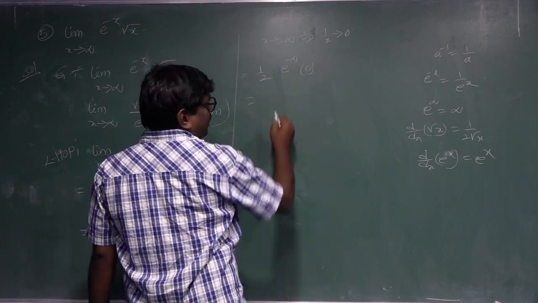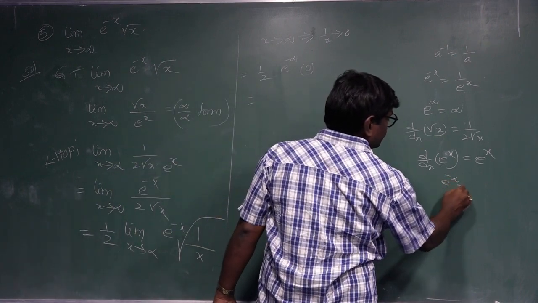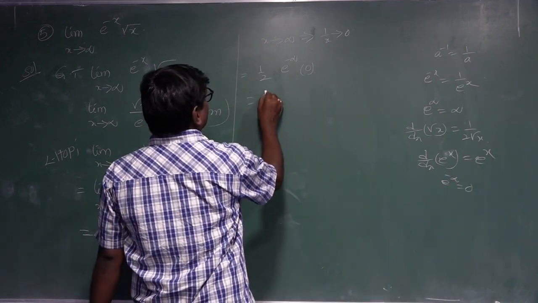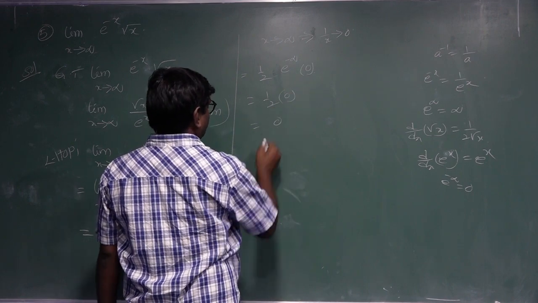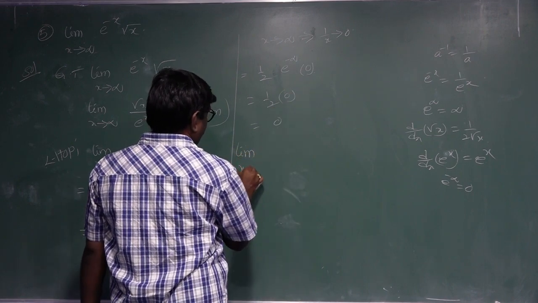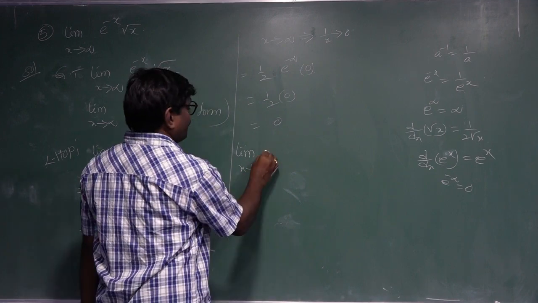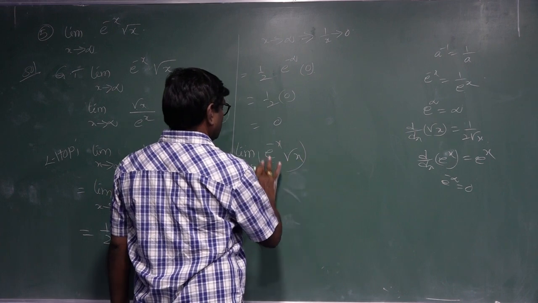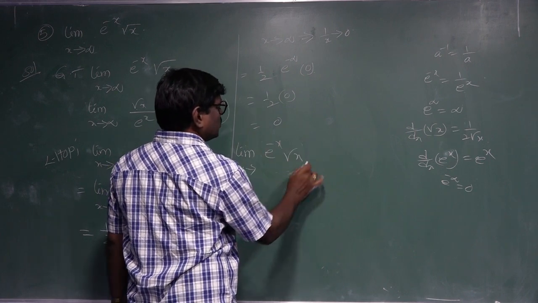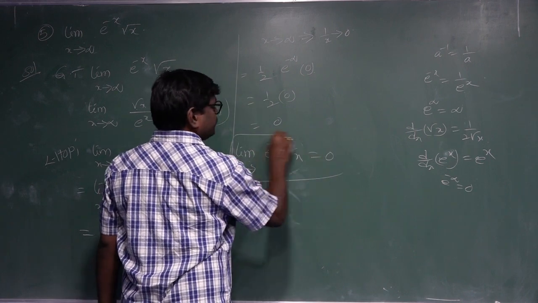So 1 by 2 into 0 equals 0. Limit x tends to infinity e power of minus x root x equals 0.